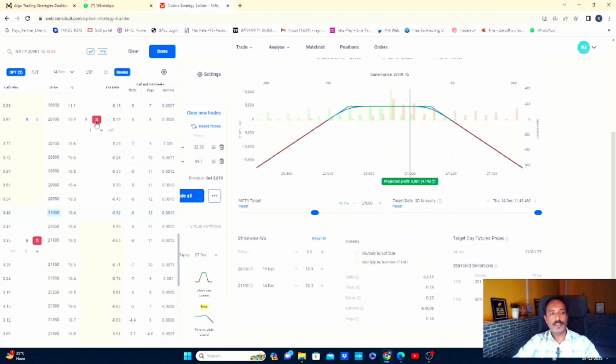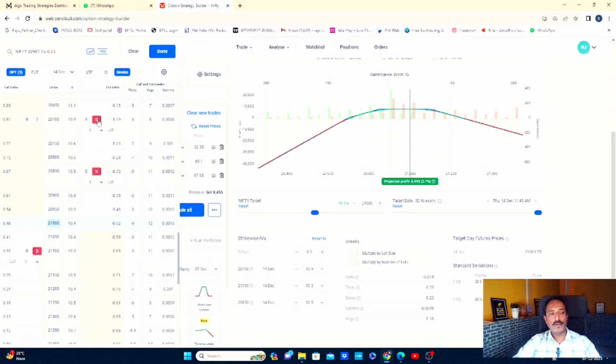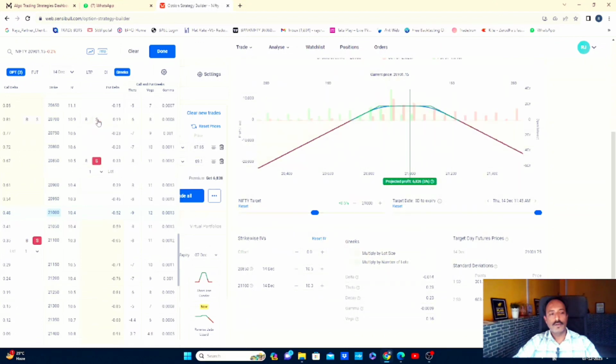See here theta, vega, gamma, and put delta. If you are selling 20,100, this 0.3 is the delta, right? So if you want to sell the same delta neutral strangle, you can sell 20,850 instead of going exactly for OTM2. So you can choose either way.